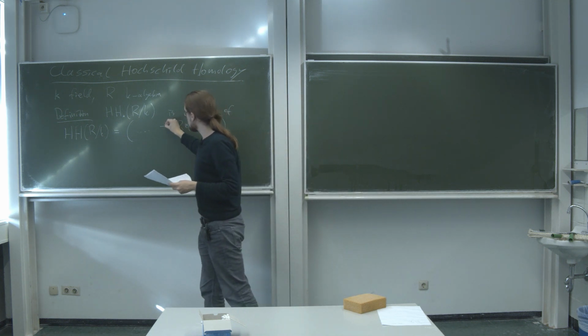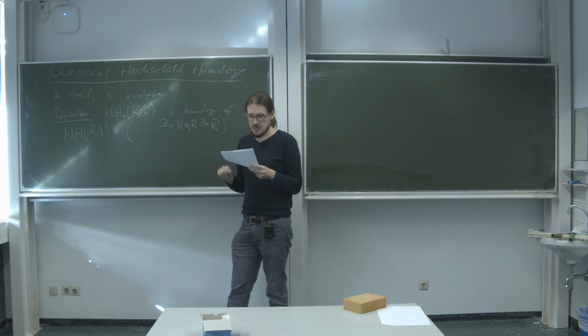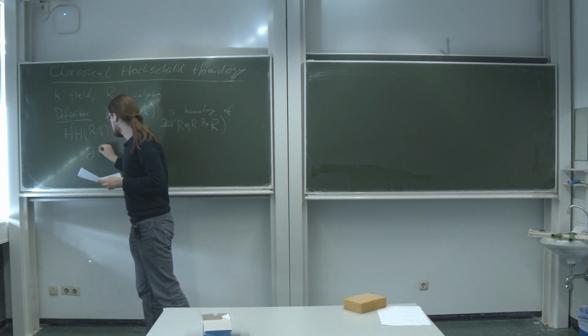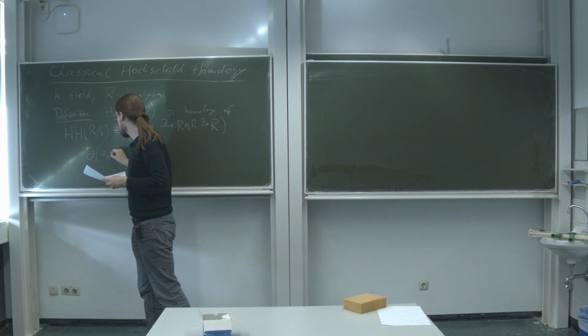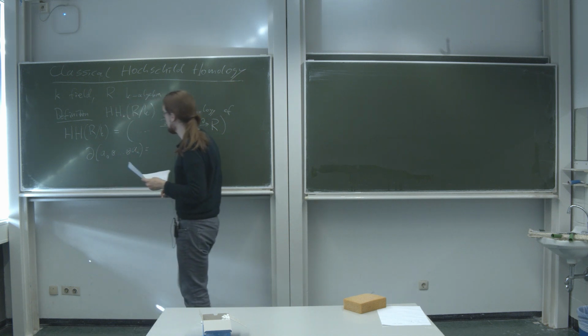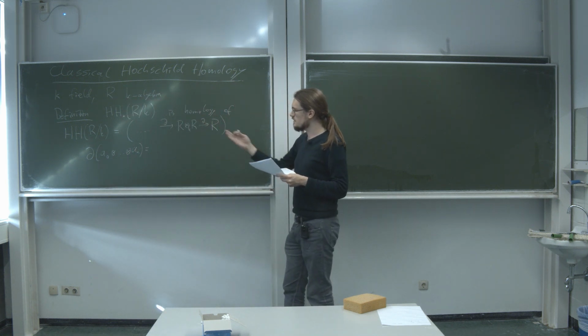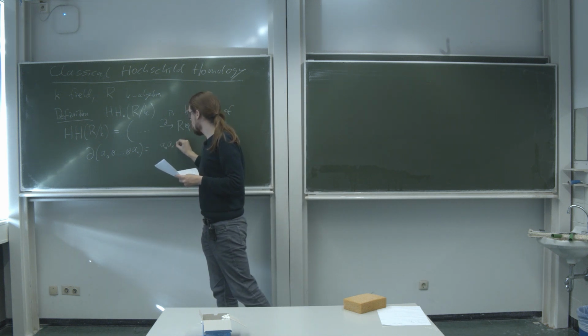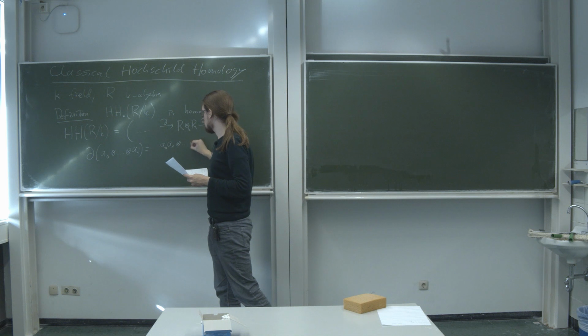And the differentials are given by the following explicit formula, so we have to explain how they work for an elementary tensor like this. It's given by an alternating sum where we've multiplied certain terms together.